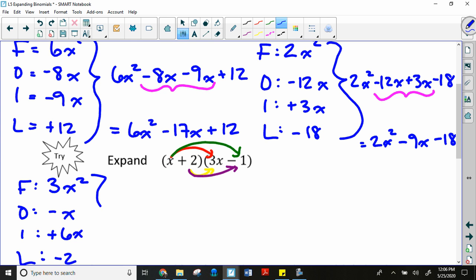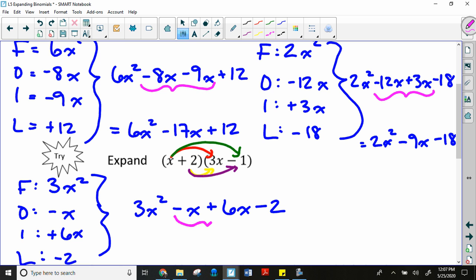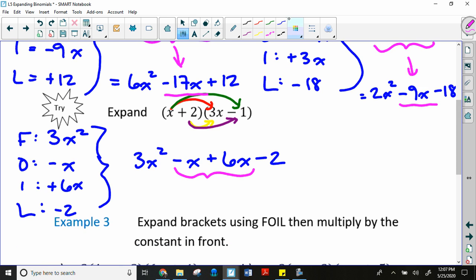So let's put those things together. 3x squared minus x plus 6x minus 2. Then we are going to group our like terms, and we're going to simplify. I'm just going to throw a little bit of pink here just for the students who are looking at the note.